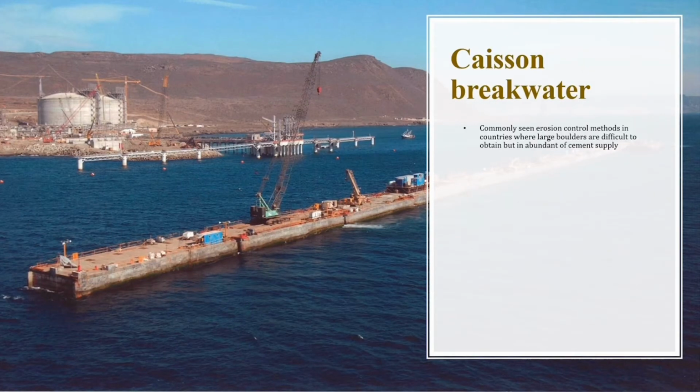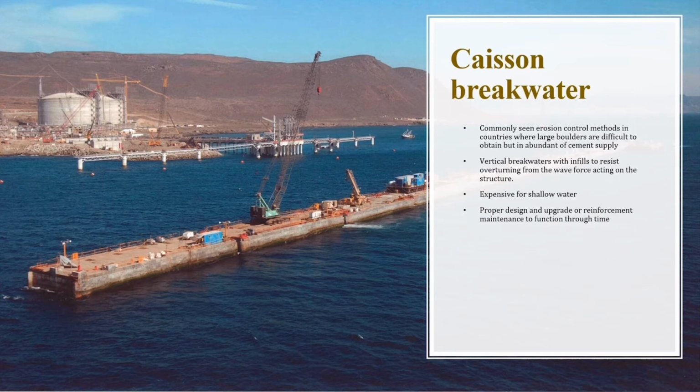Caisson breakwater is another commonly seen erosion control method in countries such as Japan and Korea, where large boulders are difficult to obtain but cement supply is abundant. Caisson breakwater is a form of vertical breakwater designed to resist overturning from the wave force acting on the structure. However, the structure is expensive for shallow water, hence commonly seen in deep water.